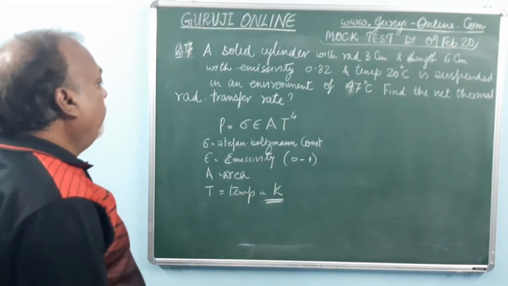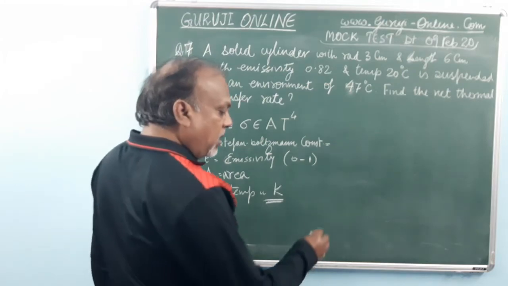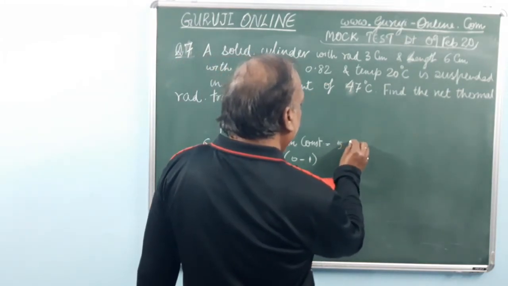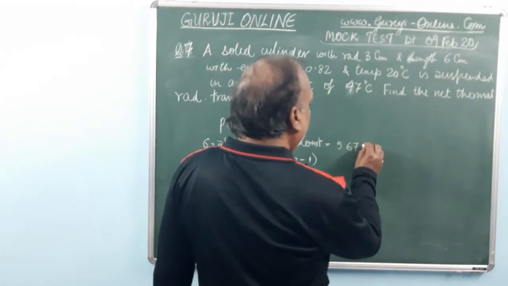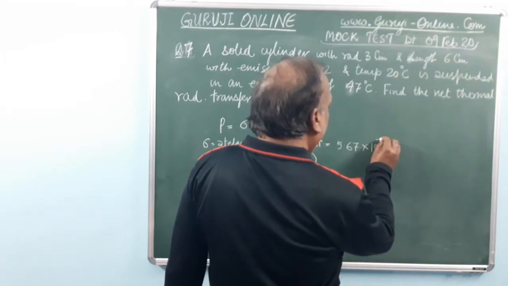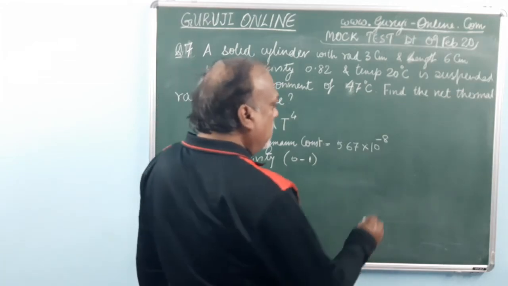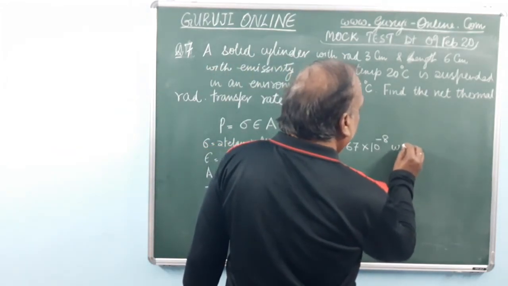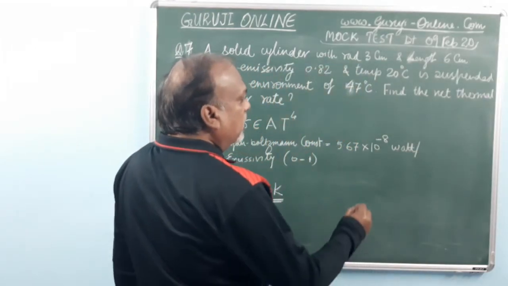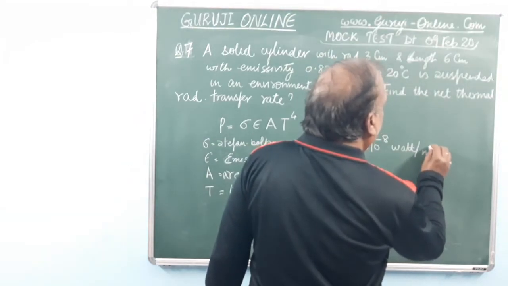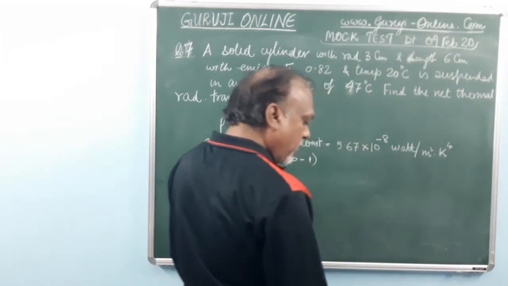So what is the value of this? This is 5.67 into 10 raised to minus 8 watt per meter square Kelvin 4.